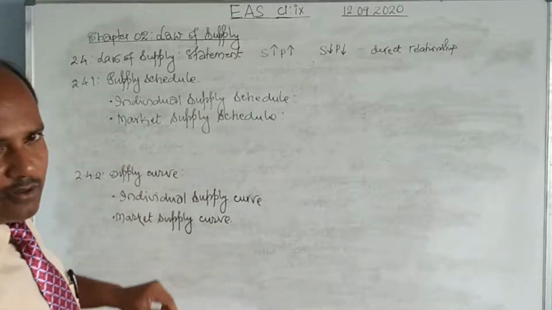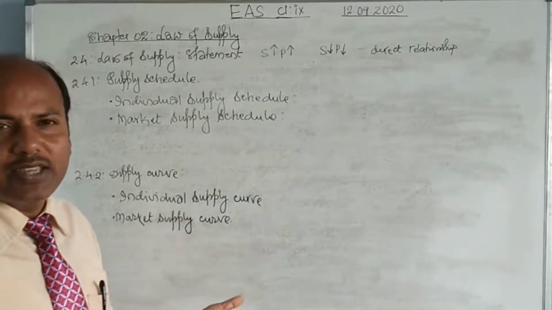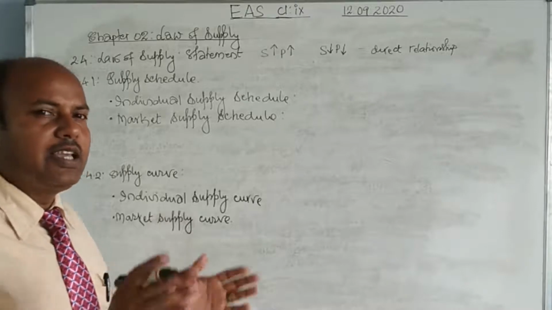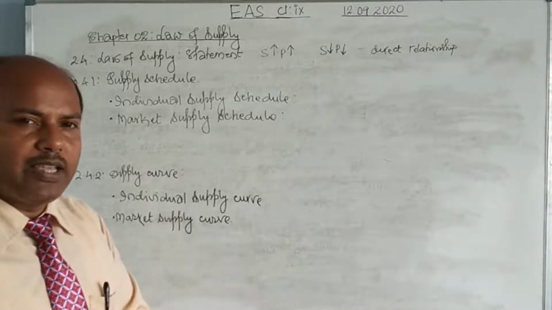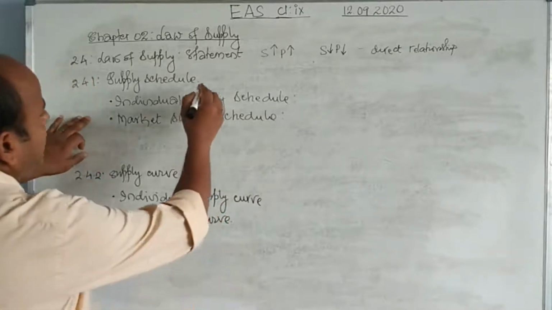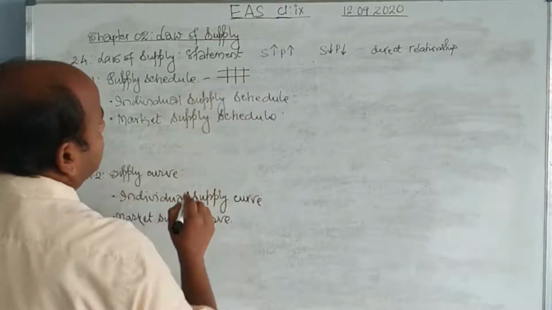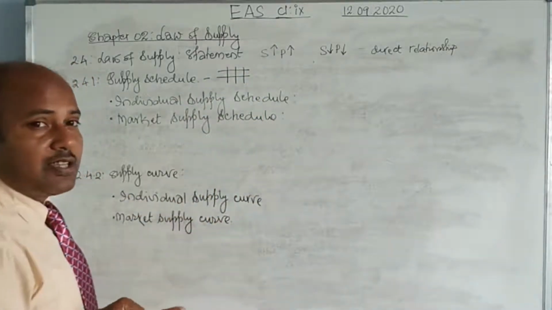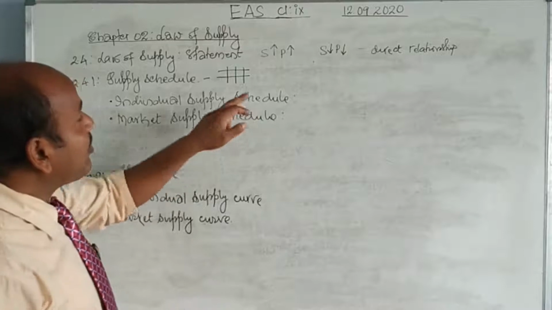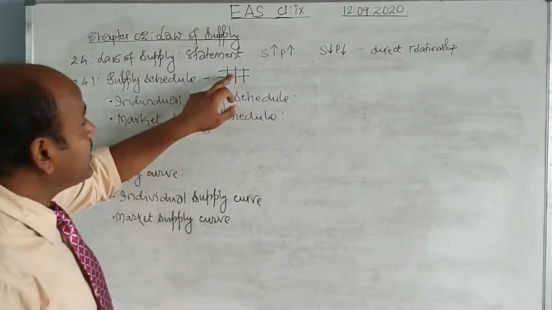Now supply schedule. You have learned the demand schedule. Supply schedule is very similar to that. The only difference is that in place of demand you have to use supply, and you have to consider it from the supplier's point of view. So what is a supply schedule? A supply schedule is a tabular representation showing the different quantities of a commodity that suppliers are ready to offer for sale at different prices.